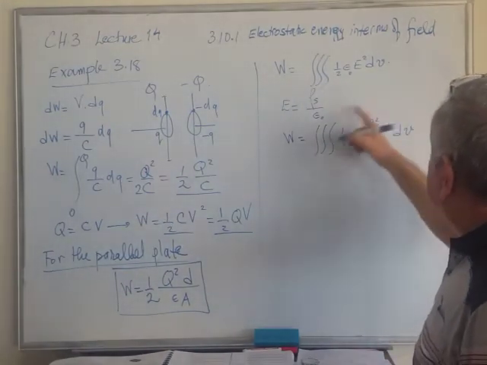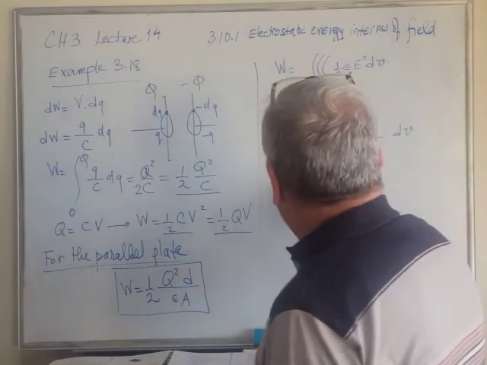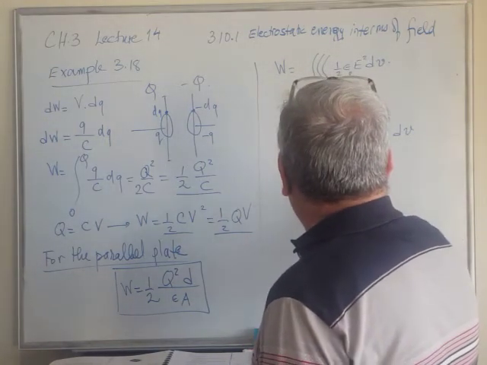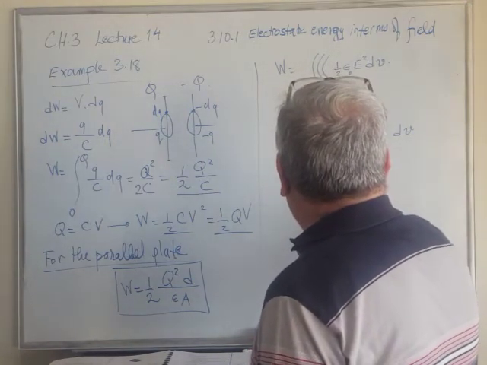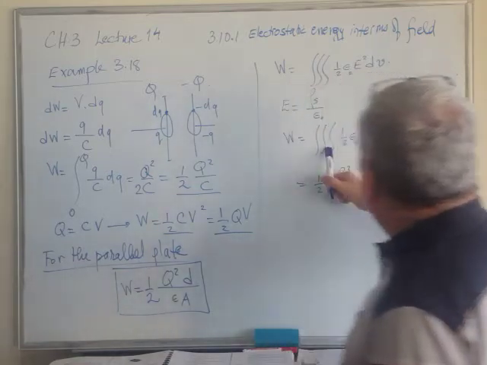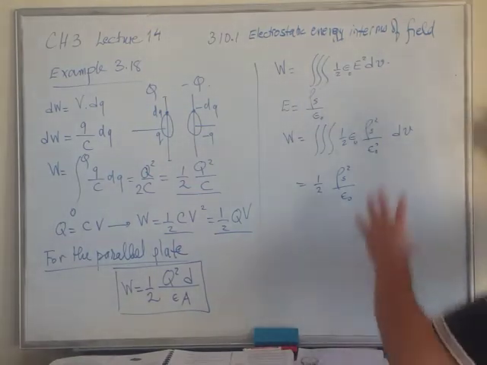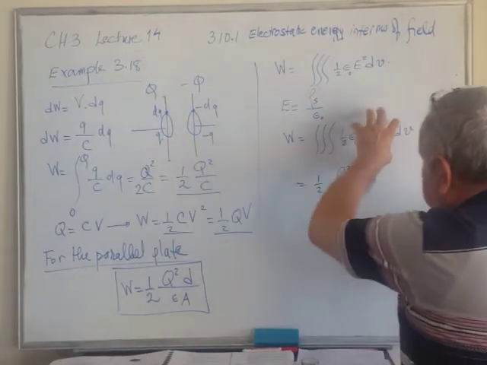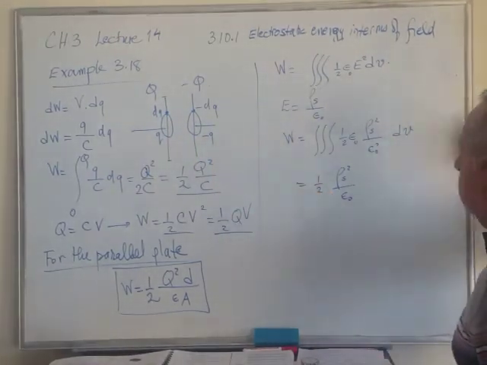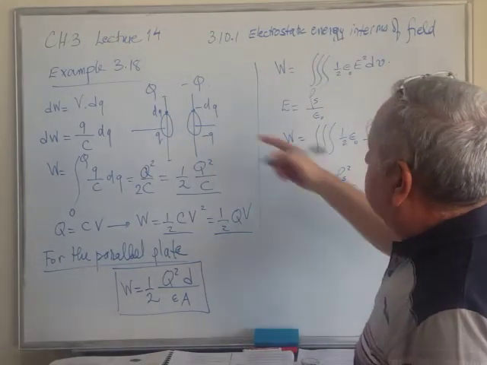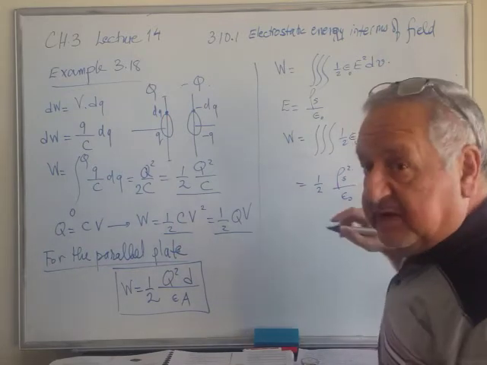All these are constants, so this is equal to half rho s squared over epsilon 0 times the triple integral of dV. Luckily the field between the plates is uniform, so we took E squared to the outside. The triple integral of dV will be the total volume.